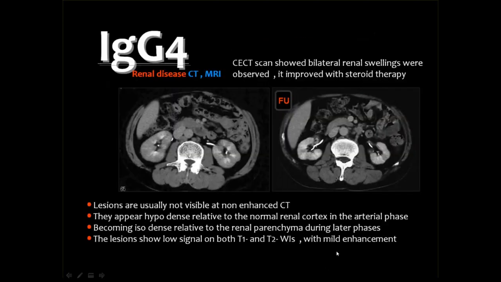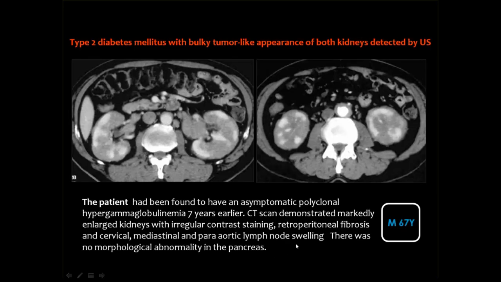And this is one of the confirmatory signs that here you see multiple patchy areas in the renal parenchyma, and after corticosteroid therapy there is considerable response and regression of the disease.